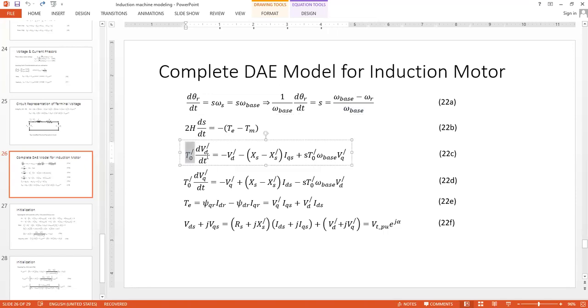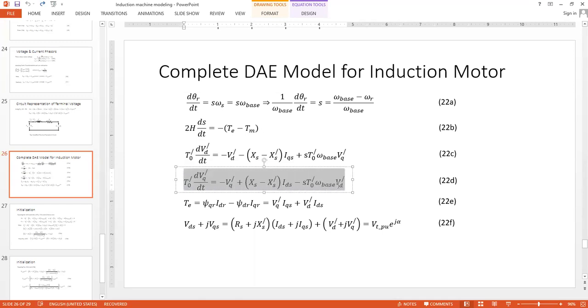This equation 22C and 22D, these are some transformed equations where actually we had some d psi dr by dt and d psi qr by dt, but we took help of some simplifying notations, and accordingly we represented these two equations in terms of voltages. Okay, so those became actually Vd dash and Vq dash.